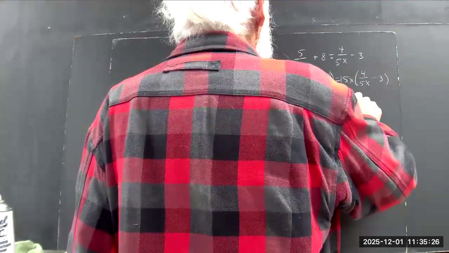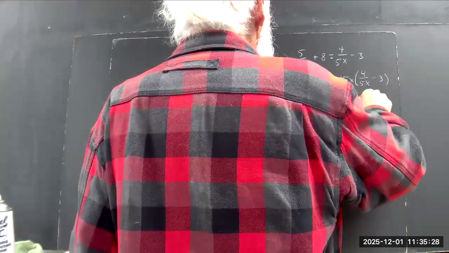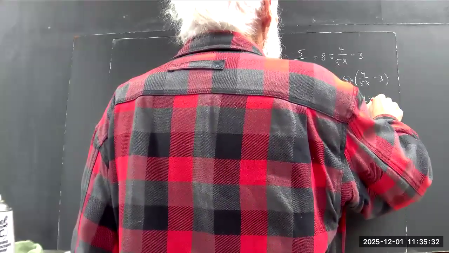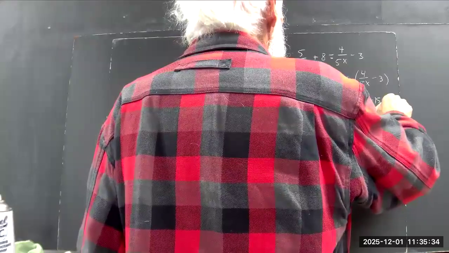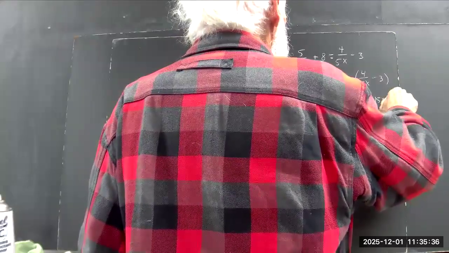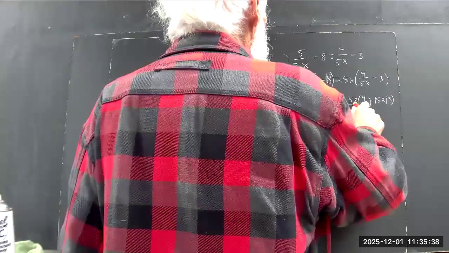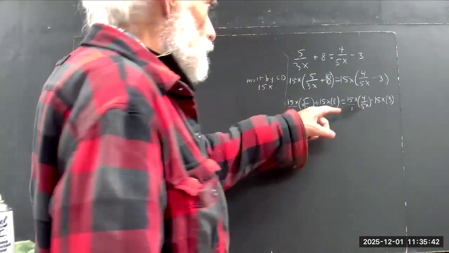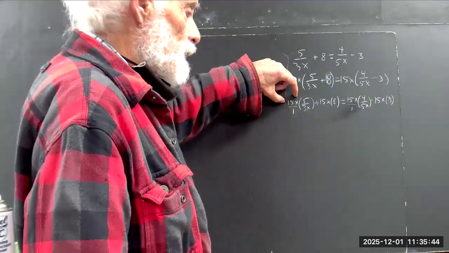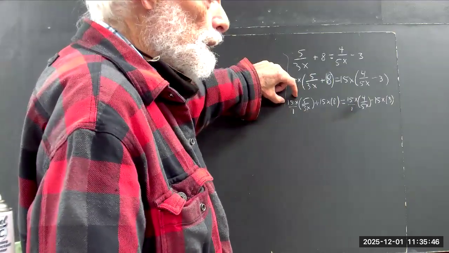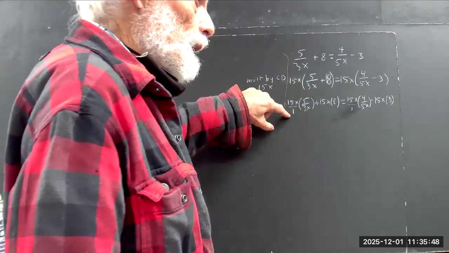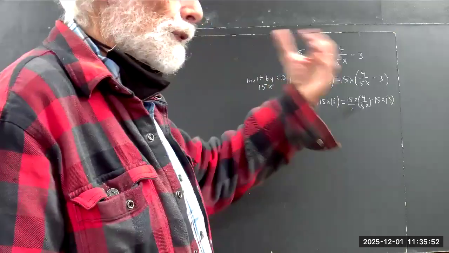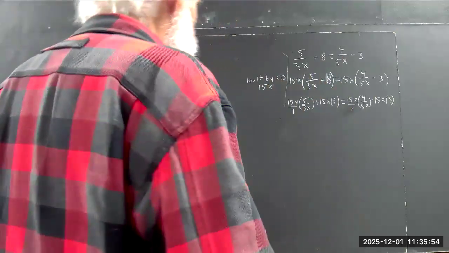Then we're going to have 15x multiplied by 4 over 5x minus 15x times 3. And we're going to put a 1 here since we're multiplying fractions. So multiplying a fraction by something that doesn't have a denominator, we give it a denominator of 1 because 15x is exactly the same as 15x divided by 1.